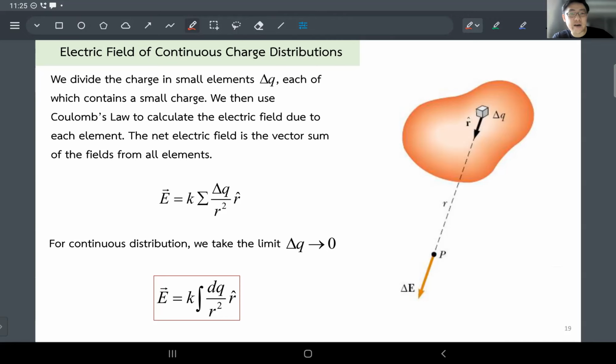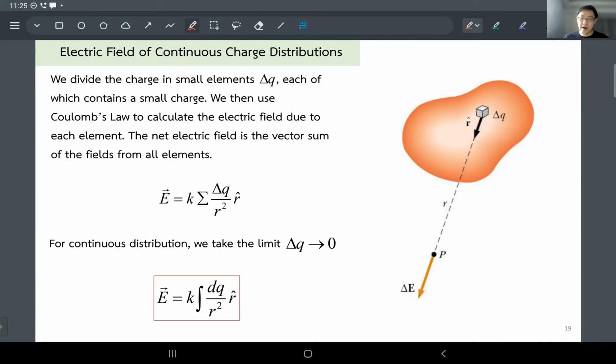Because you already learned how to deal with a point charge. Now you have a bunch of charge coming continuously. All you have to do is slice them out and treat each slice as a point charge. Once you're done with that, you keep going to the next, and the next, and then you add them all into a final electric field. But you have to add them continuously anyway. So that's where the calculus comes in.